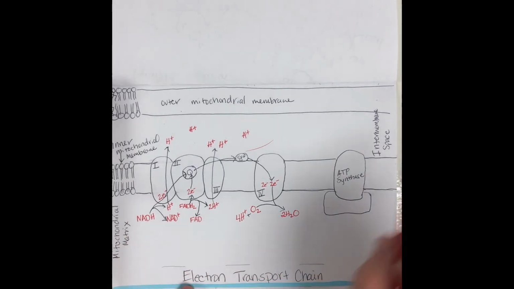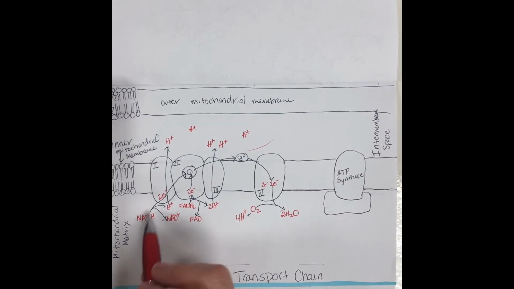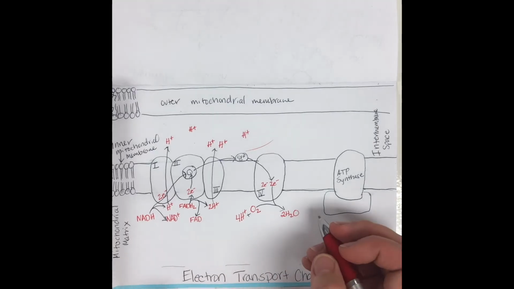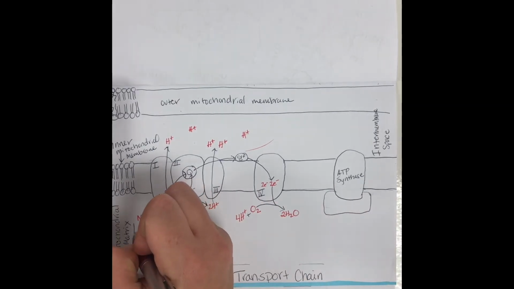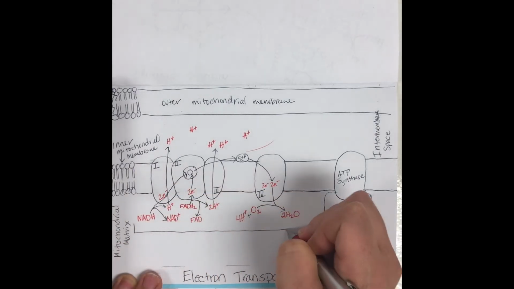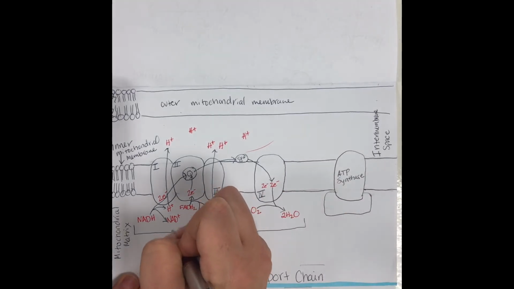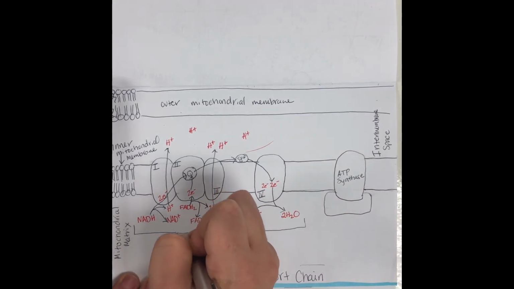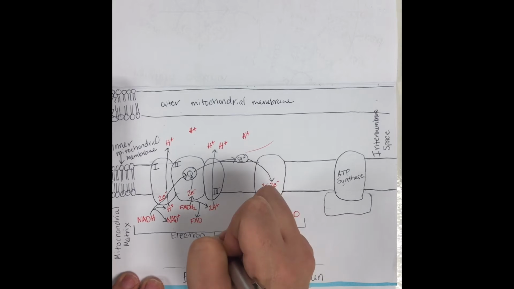This process, starting from protein complex 1 and ending at protein complex 4, this is the electron transport chain.